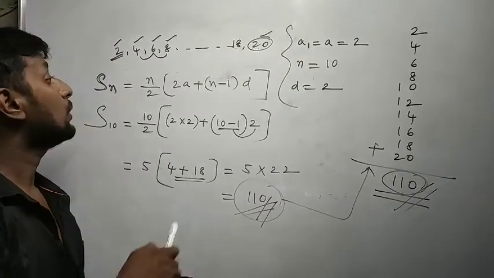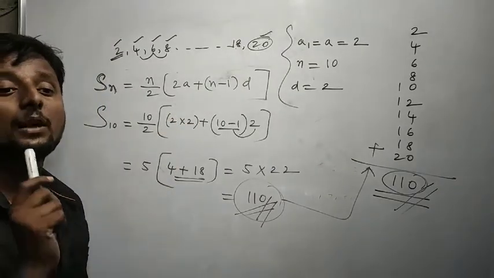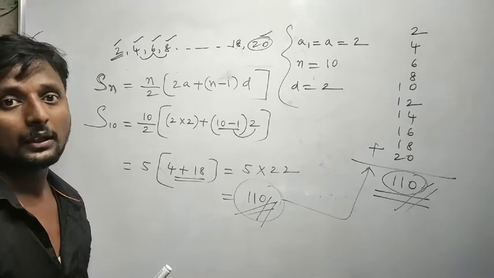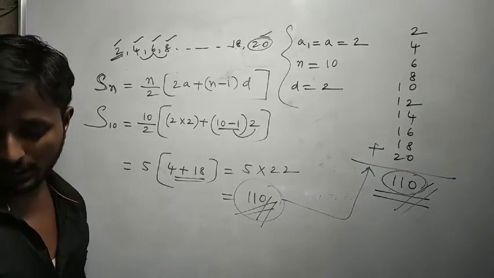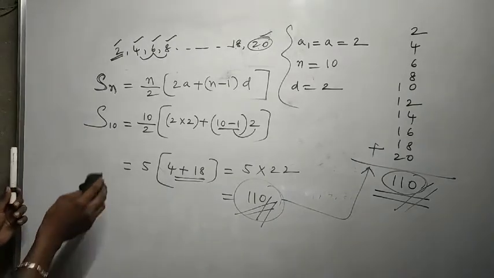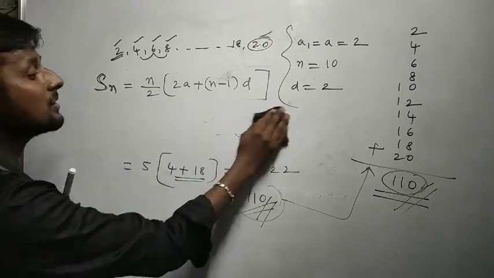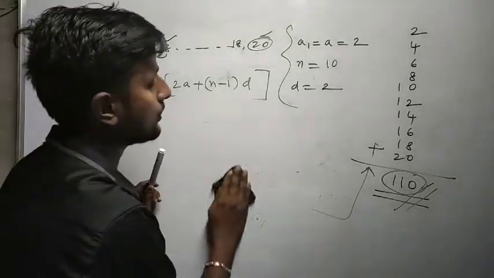Am I right? So it is a formula to calculate the sum of n numbers in a particular series. Okay, not only this one. Sometimes you have a last term, then also we have a formula.